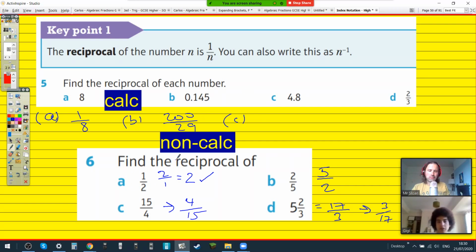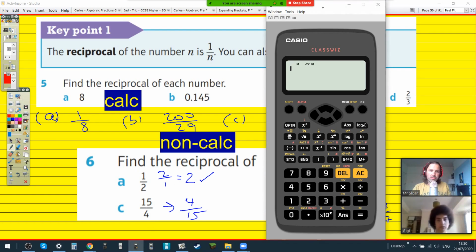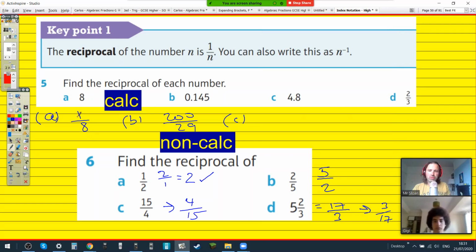Oh no, 1 and 2. There is an easier way. Let me show you. The one before it, 1 over 0.145. So you can just do 1 over and you get 200 over 29.